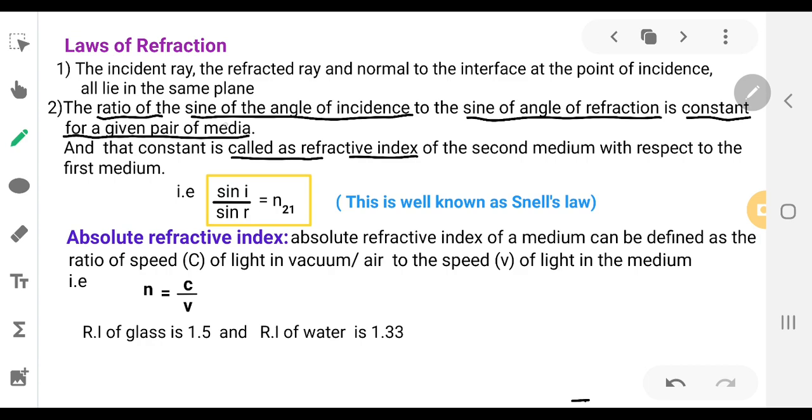We can write this statement in equation form, as a ratio: sine i, the angle of incidence, divided by sine r, the angle of refraction. This ratio is going to be a constant value for a given pair of media.